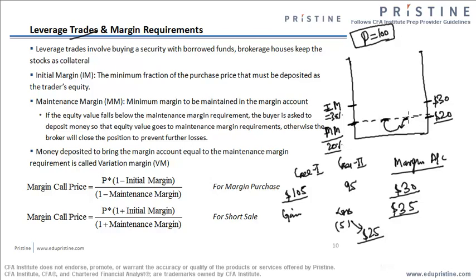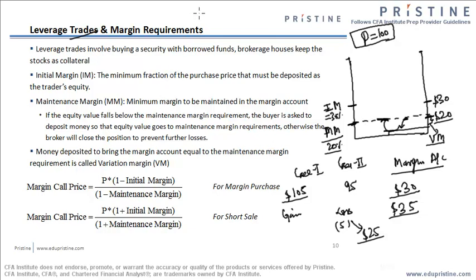So whenever your account goes down from this maintenance margin, you are asked to deposit the difference of your current account and the maintenance margin. This particular difference is called the variation margin. So the difference of the maintenance margin and the current account is called the variation margin. Alright, so these are the three different kinds of margins.